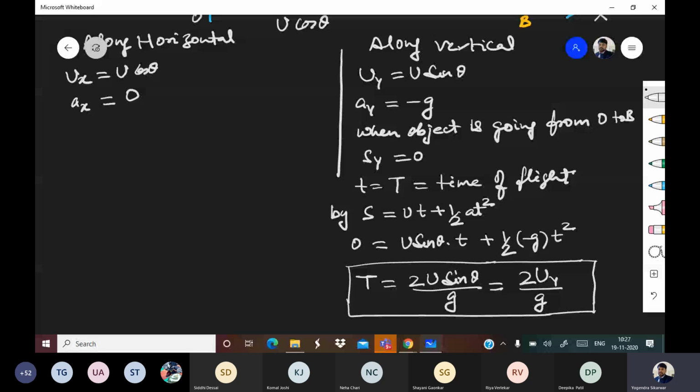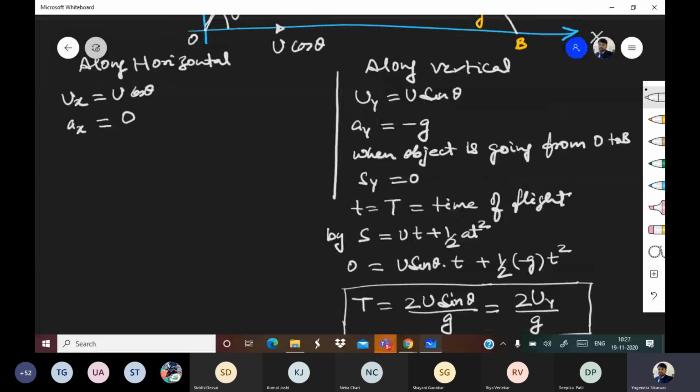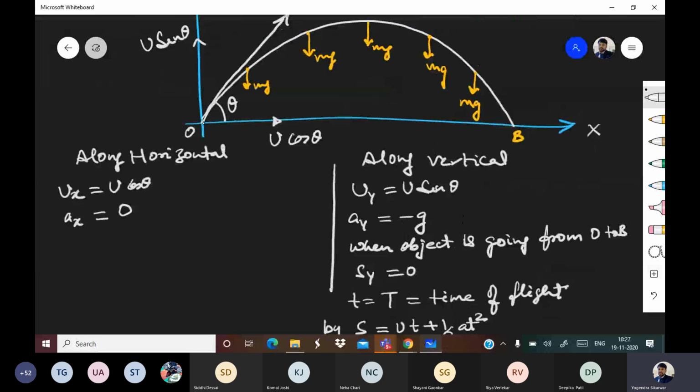Pratyusha is asking, sir, why is Sy 0? Okay, Pratyusha, you tell me. Look at the diagram. When the object is starting from O, it is going up, and when it is landing at B, it is going back to the same horizontal level, right? During O to B, how much is the displacement in the Y direction? It is returning back to the same horizontal level.